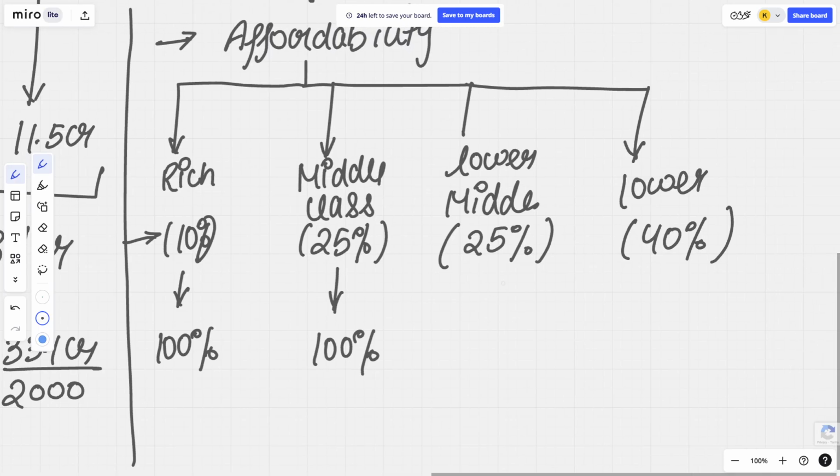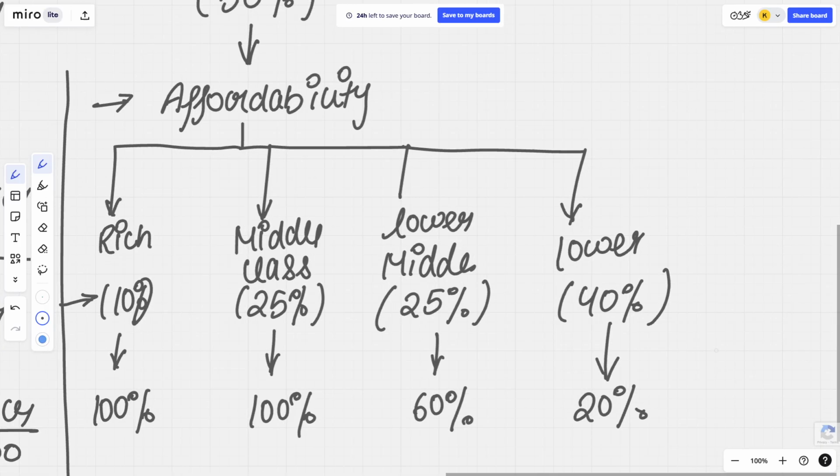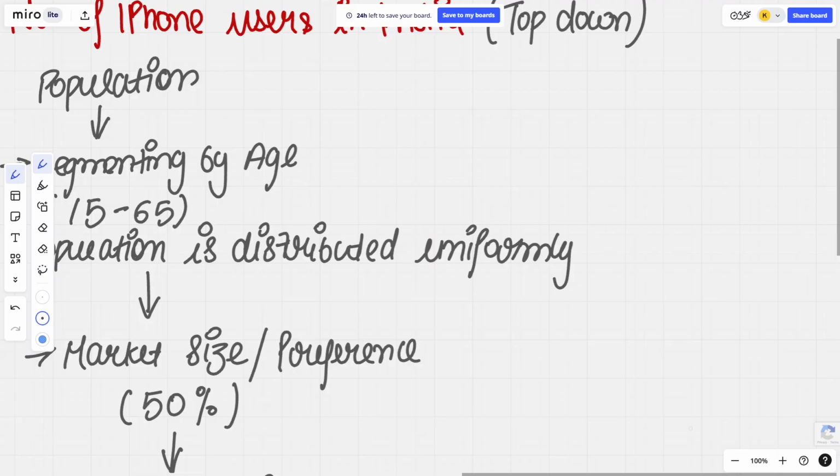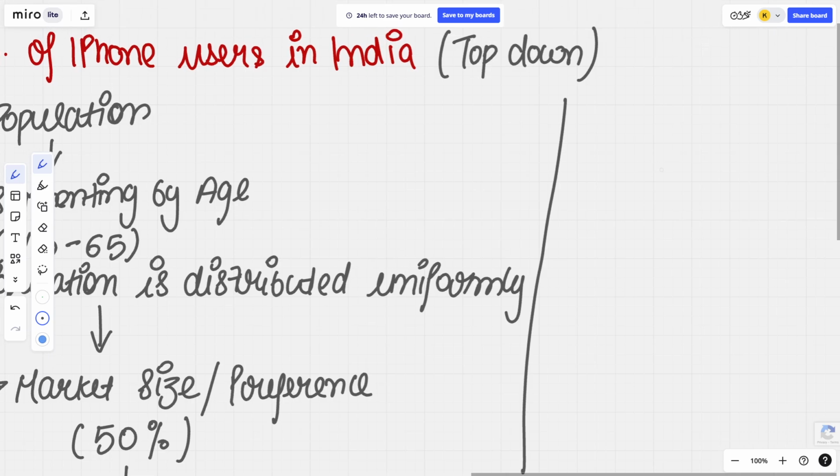For lower middle class, I have taken an assumption, let's suppose 60%. And for the lower class, let's just suppose that 20% of the entire lower class population can afford an iPhone.